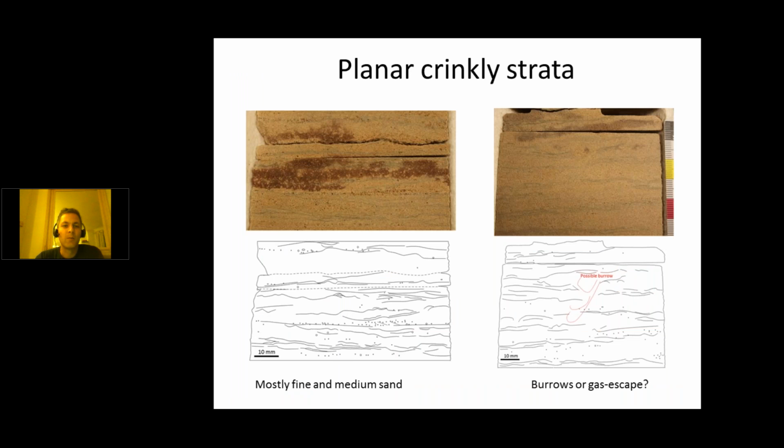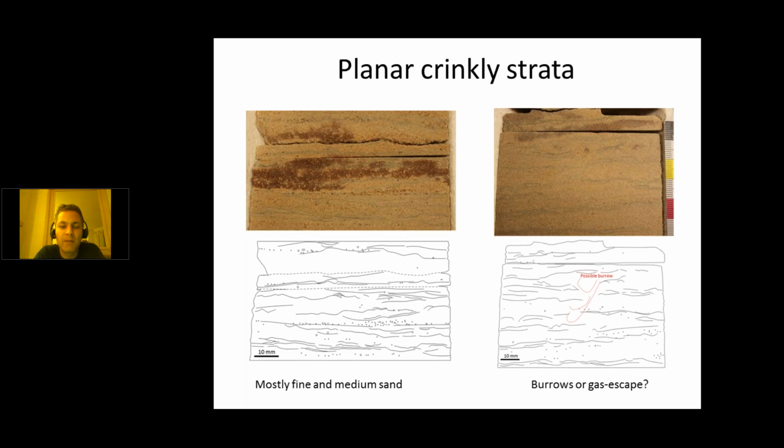These are composed of mostly fine to medium sand. They have some granule layers in there, and they've got these weird, dark, crinkly layers that stand out quite nicely when it's bleached. And what these are is small, thin veneers of enrichment by clay. And the way we interpret these is quite crucial.